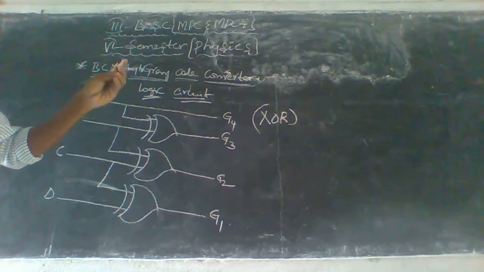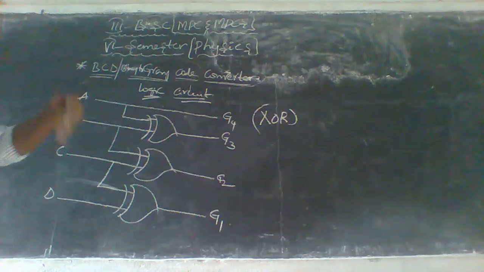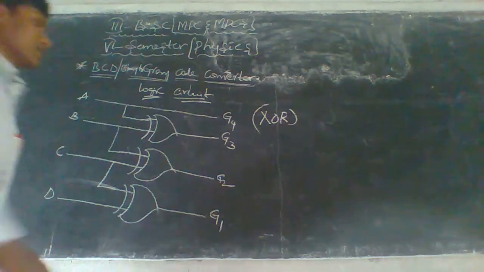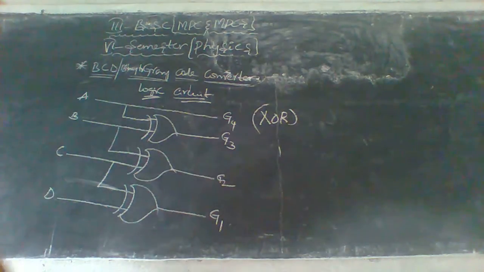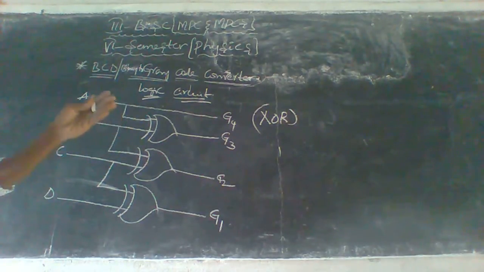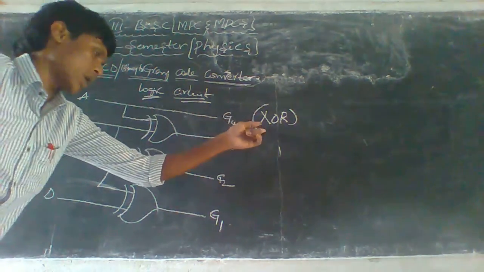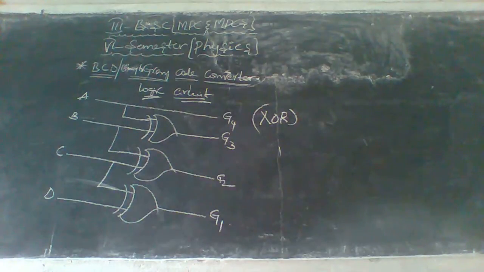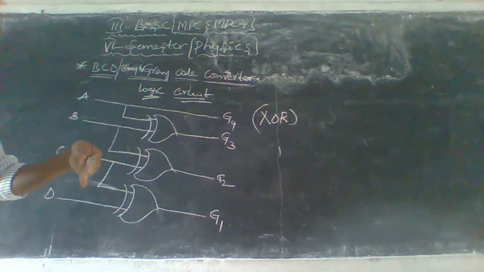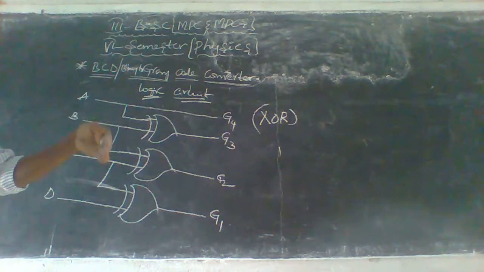That is, if both the bits are the same, the result will be 0, and if they are different, the result will be 1. The third bit of the gray code will be the exclusive OR of the second and third bit of the given binary number. Thus the binary to gray code conversion goes on.